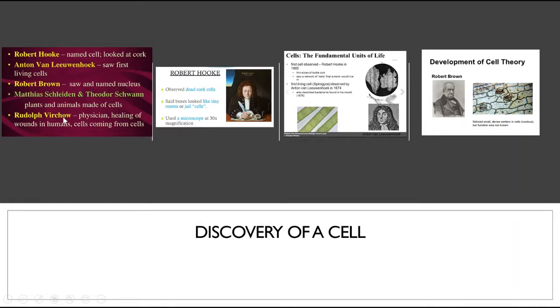Virchow was a physician who proposed that in healing wounds in humans, cells come from pre-existing cells. These are some important discoveries in the path of the knowledge we have gathered about the cell.